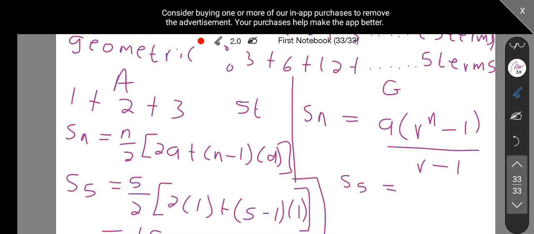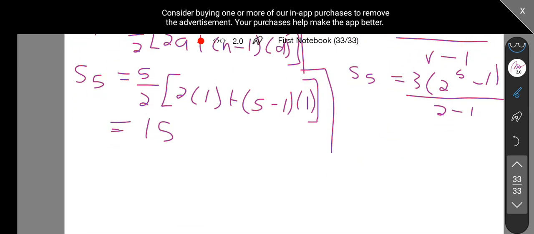A in the geometric part is the first term, which is 3. What is the ratio? You will say T2 over T1 is equal to T3 over T2. 6 over 3 is equal to 12 over 6, and the ratio is 2. So this will be 2 to the power of 5, because there are 5 terms, minus 1 over 2 minus 1.